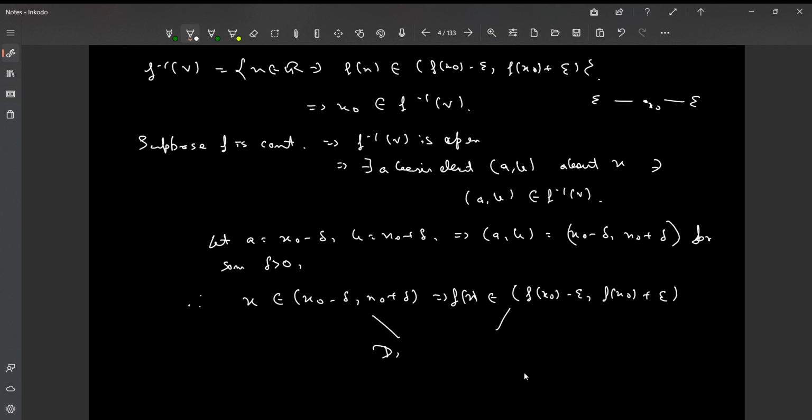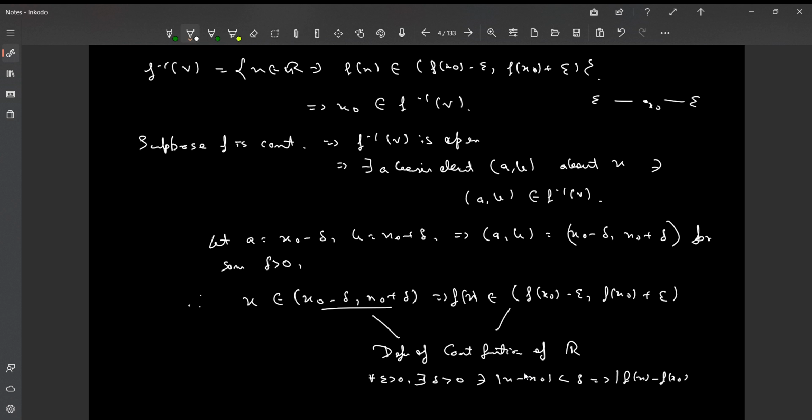And this was our exact definition of continuous functions over R, right? We said that for all epsilon greater than 0, there exists some delta greater than 0 such that whenever mod of x minus x naught is less than delta, which is precisely saying that x is in this interval, this would imply that mod of f(x) minus f(x naught) is less than epsilon.